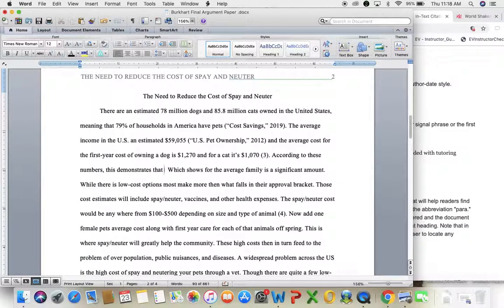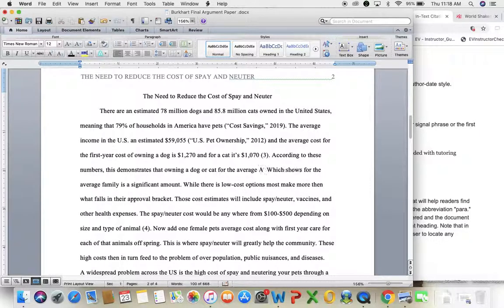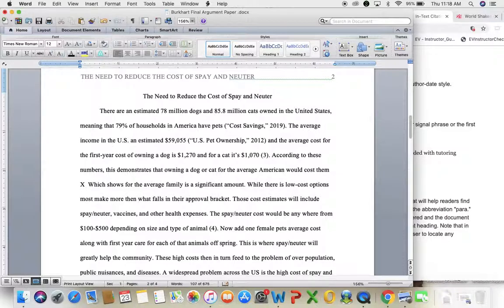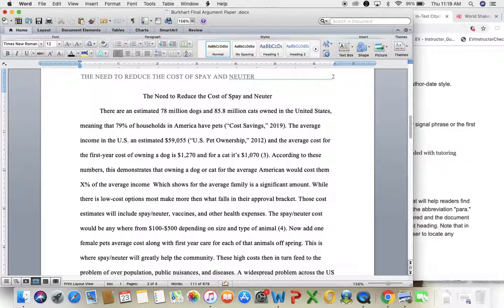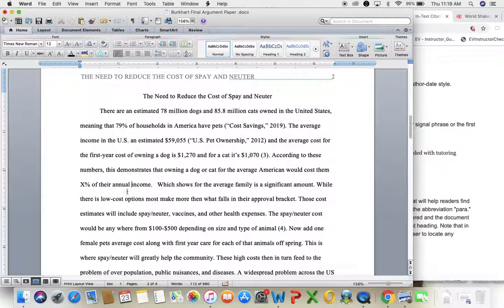This demonstrates that owning a dog or cat for the average American would cost them X percentage of the average income, or maybe just say of their income, of their annual income.